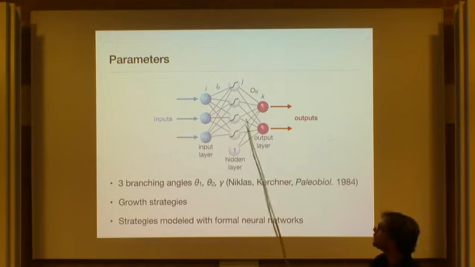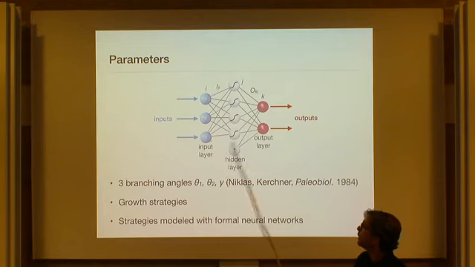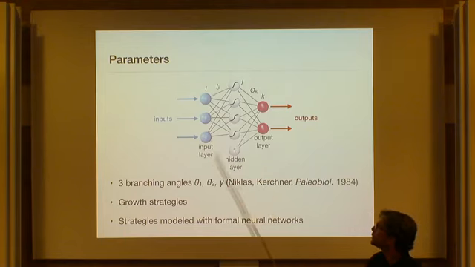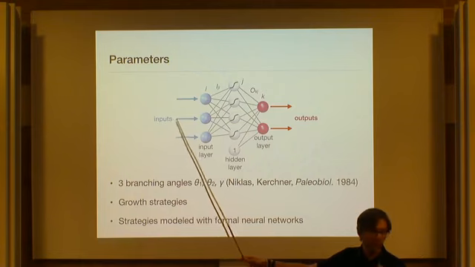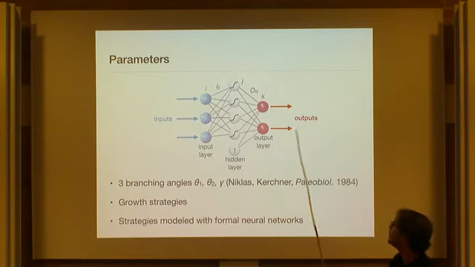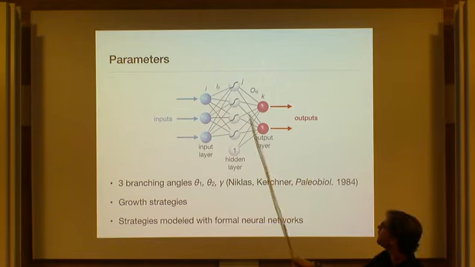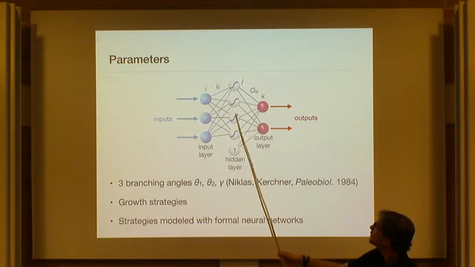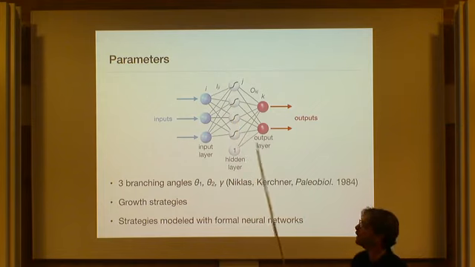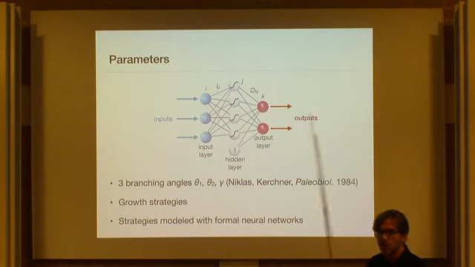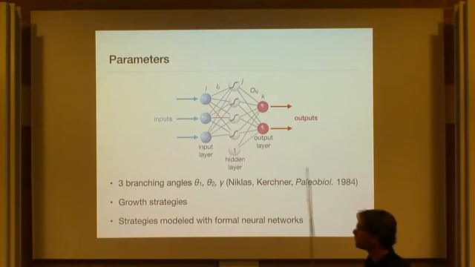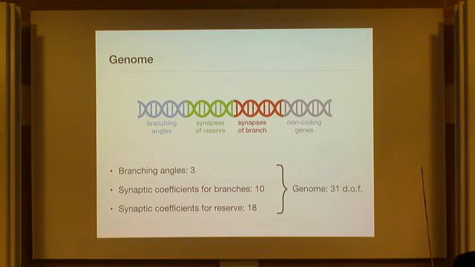So for every branch, you have some network like this with some inputs, one input being the stress that is felt, and there are some outputs. For a branch, for instance, it's the volume that is requested. And the weights of these links, the synaptic weights of this neural network, will tell you the nature of the function.